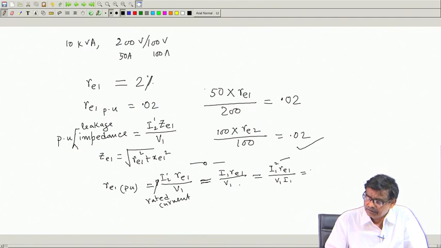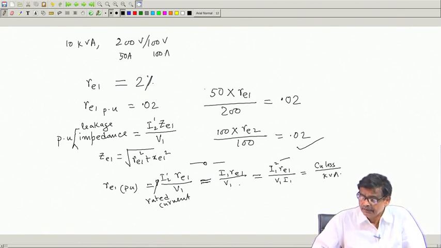This is equal to the copper loss as a percentage of the kVA rating of the transformer. So there are various ways of telling.